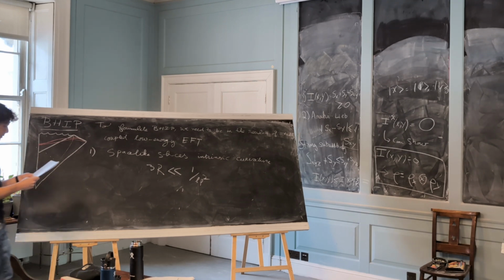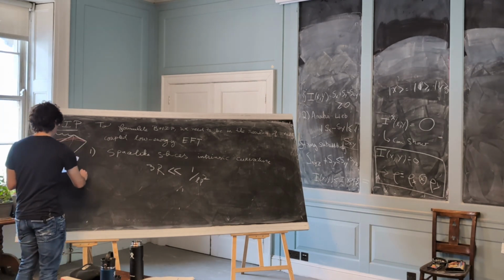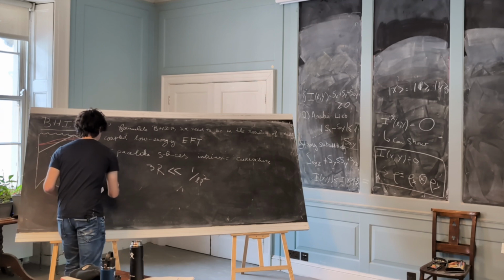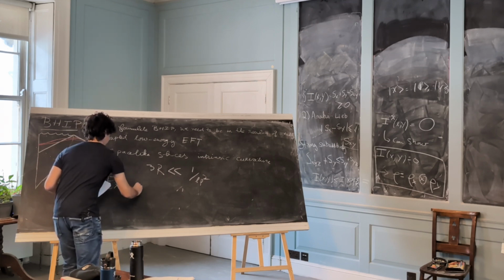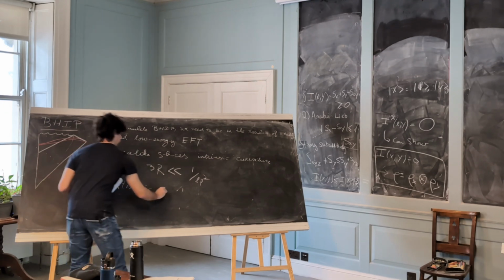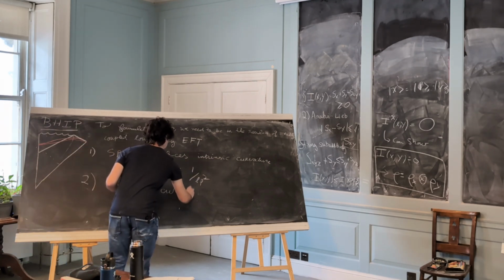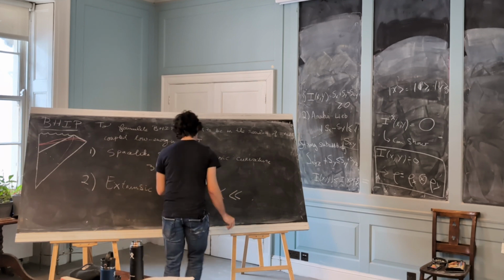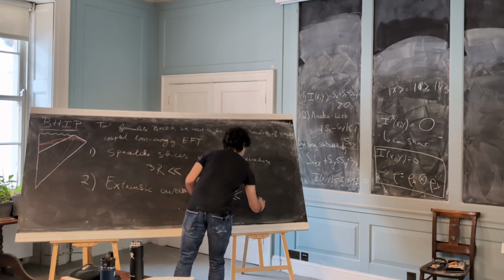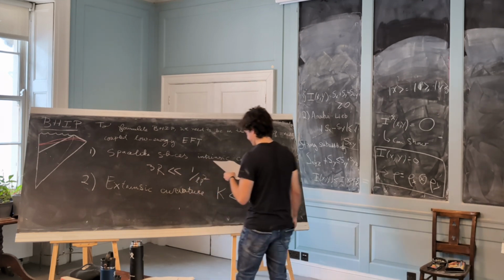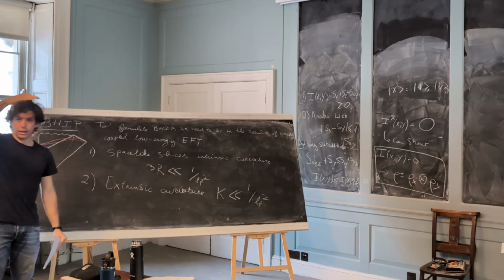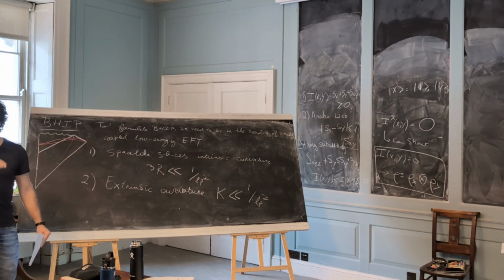Okay. And I also need the extrinsic curvature to satisfy that. So we call that K, and it also has to be much, much less than the Planck scale. Also, I'm considering the evolution of slices, right?